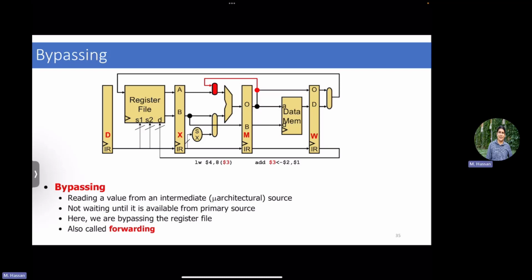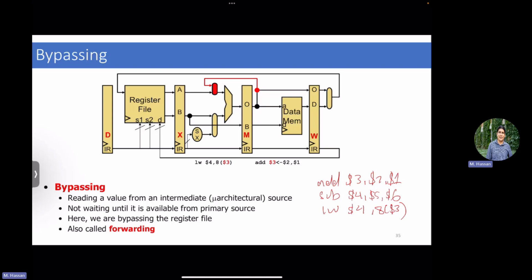Like I have something like this, an add with 3, 2, and then 1. And then I have a subtract that is something completely different. And then I have the load. If I want to draw the pipeline of this example, how do I draw it?